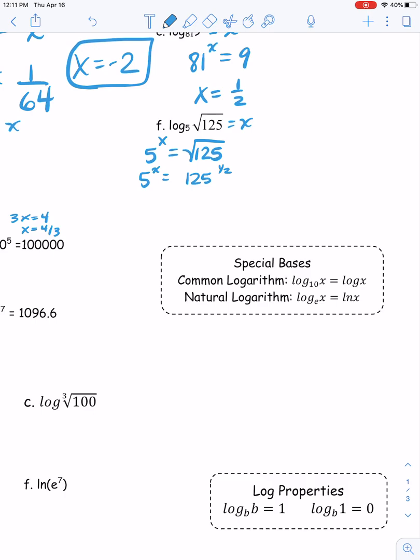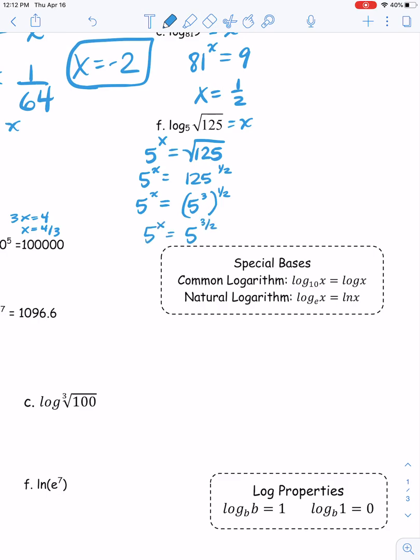I know that 125 is 5 cubed, which makes me super excited because now I have the same base on both sides. I'm going to have 5 to the x power equal 5 cubed raised to the 1/2 power. Again, I'm going to apply that power rule. When I raise a power to a power, I multiply the powers. So 3 times that 1/2 is really just going to give me 3/2.